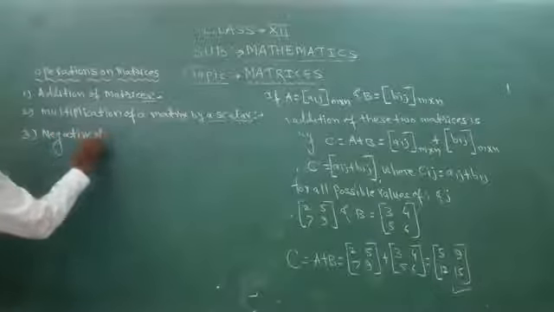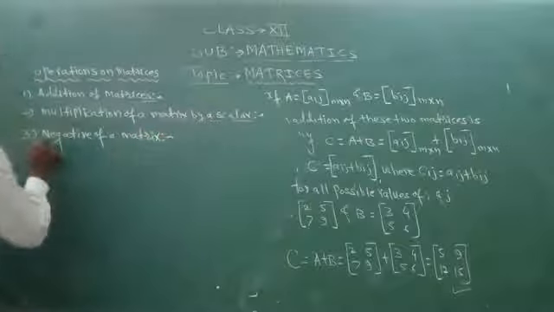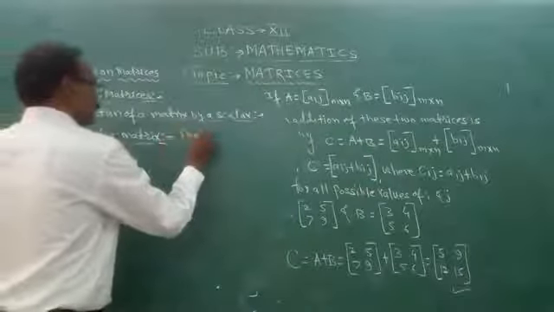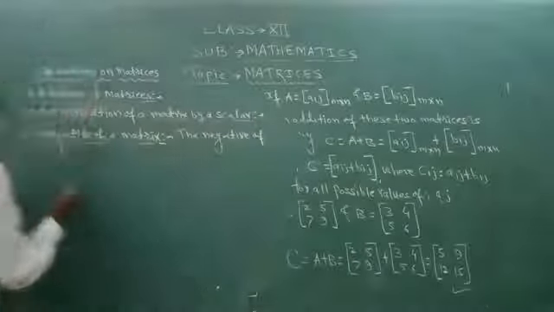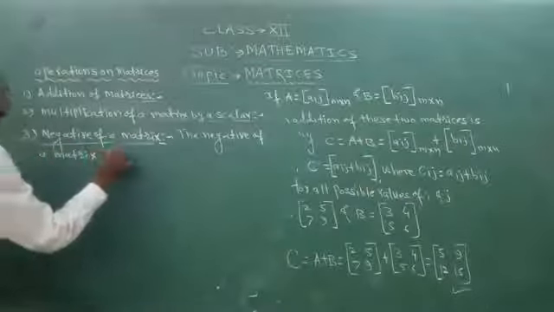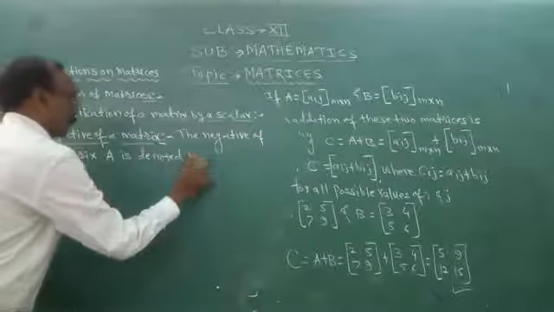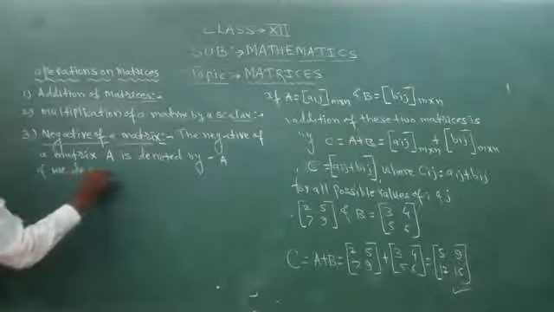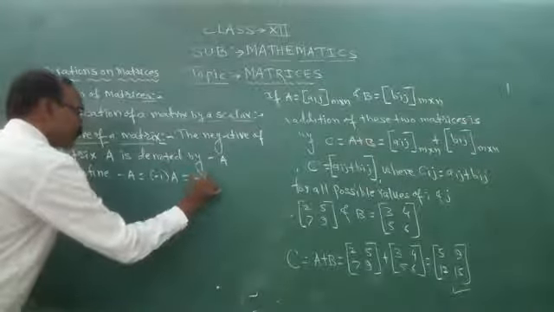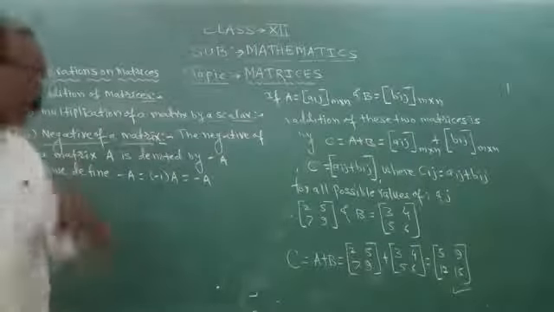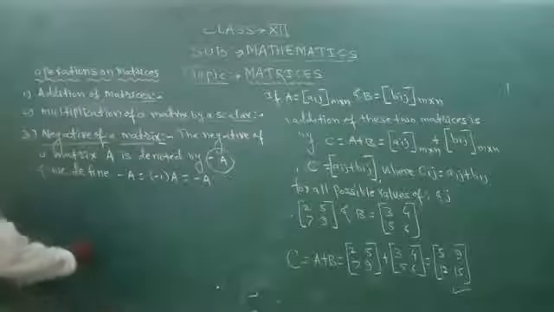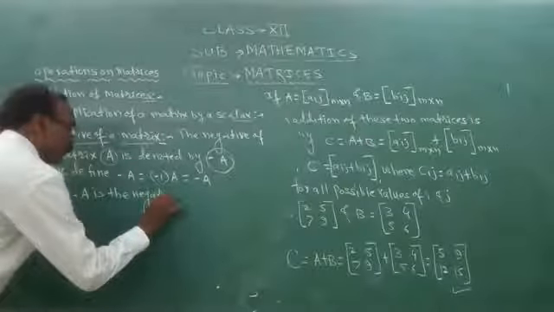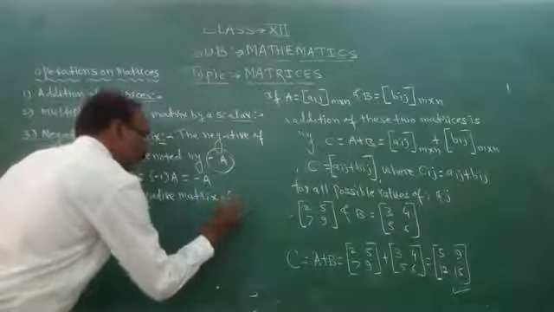The negative of a matrix capital A is generally denoted by minus A, and we define minus A as -1 into A, that is minus A. So minus A is called the negative of the matrix capital A. Therefore, minus A is the negative matrix of capital A.